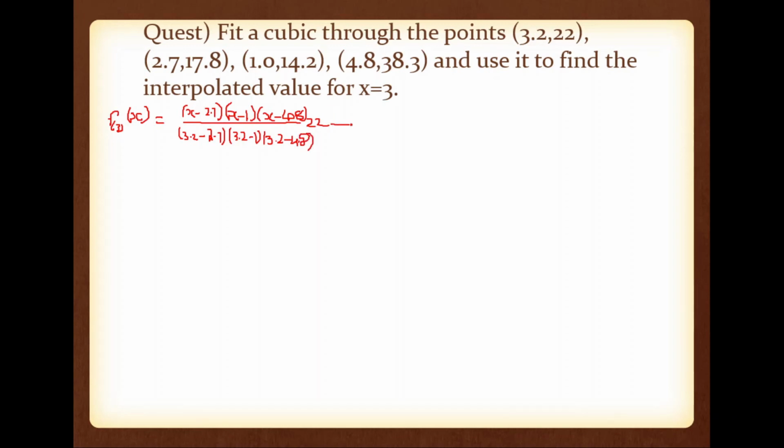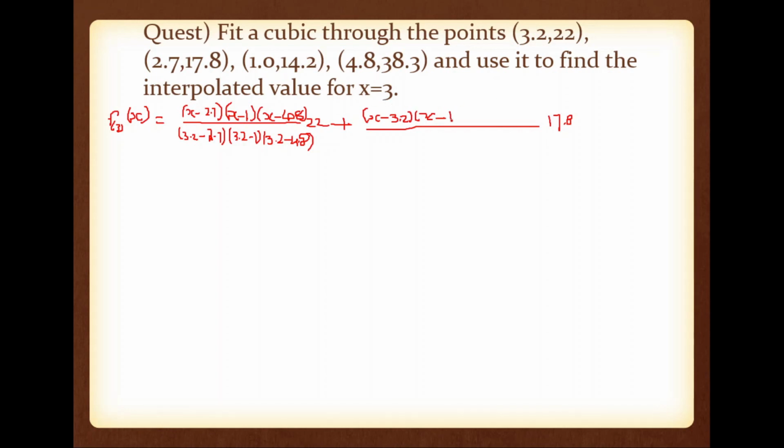Plus, now the next element is 17.8. So what is the x value of 17.8? 2.7. So except 2.7, we have to add all other x elements in the numerator. So we have x minus 3.2 into x minus, we can't add 2.7 because that one is the x element of 17.8. So that is missing.